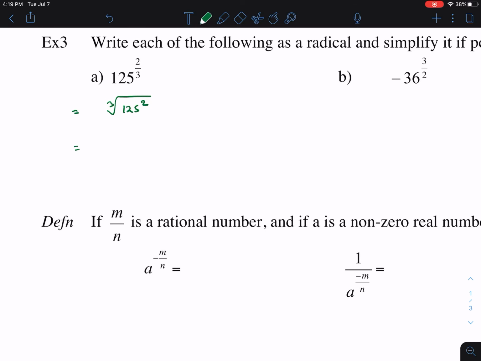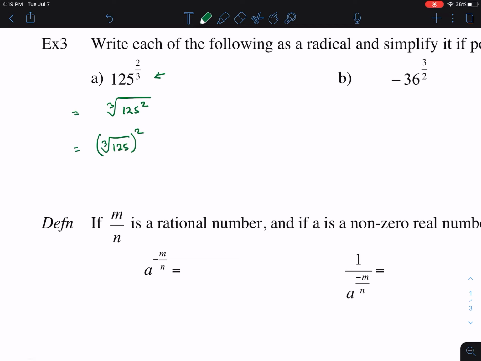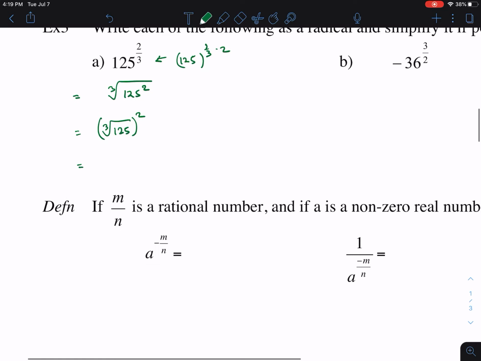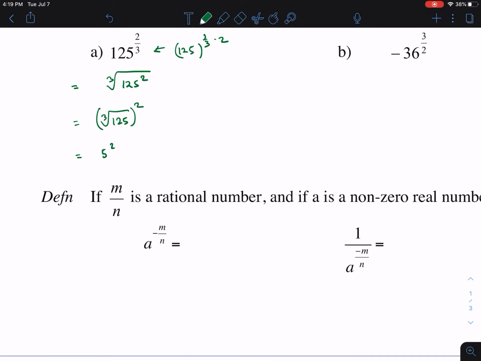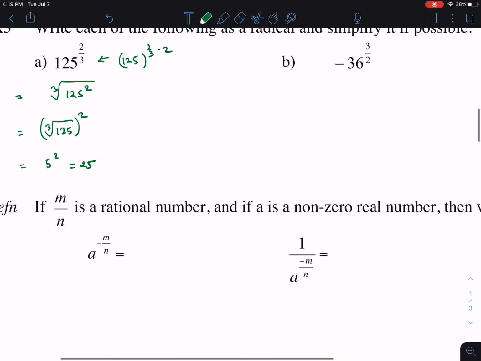Instead, we can rewrite this as the cube root of 125 first, and then bring the power outside. We're allowed to do that, because it's the same thing as 125 to the 1/3 times 2. So that's where we got the cube root of 125 first and the 2 outside. We do know the cube root of 125 is 5, and then the square comes down, so the answer is 25.